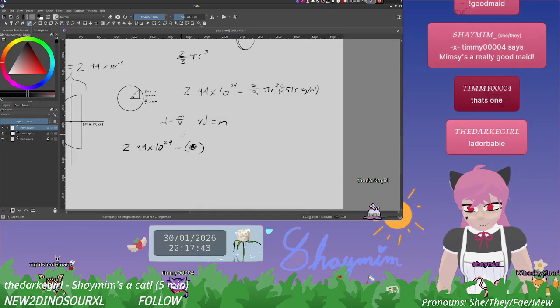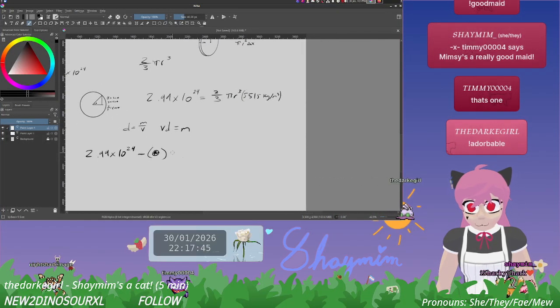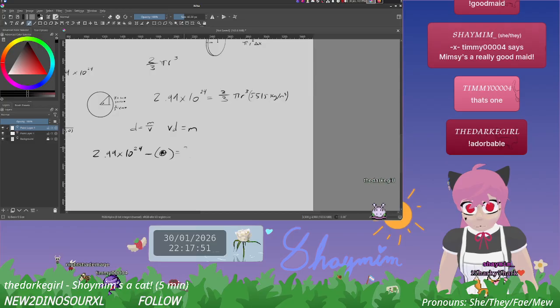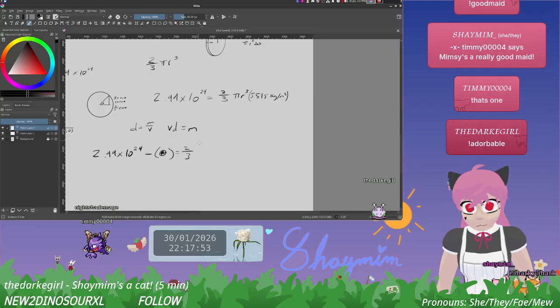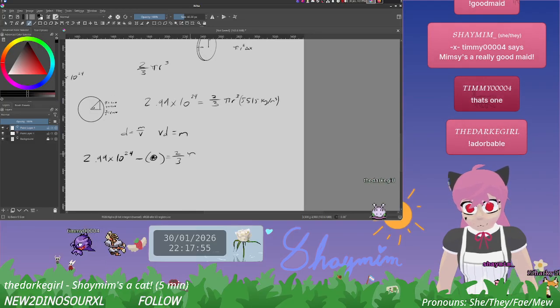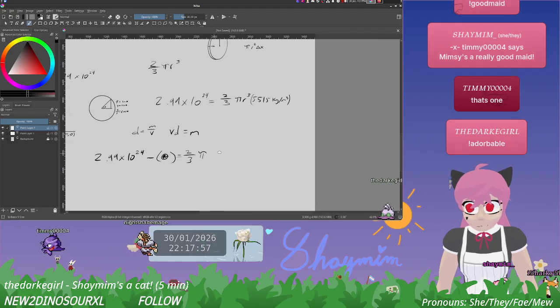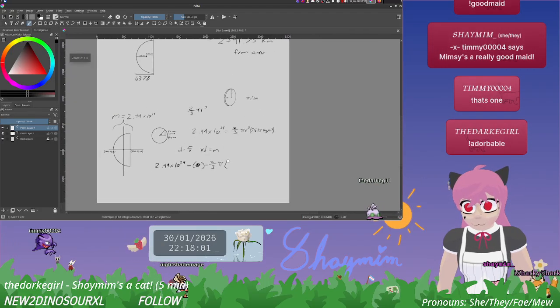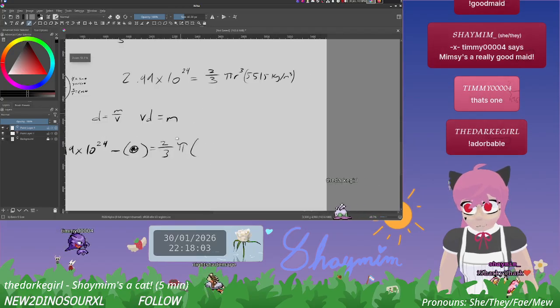So, the weight minus the weight we're looking for is equal to 2/3 pi, and then r is our radius, and our radius is 6378.